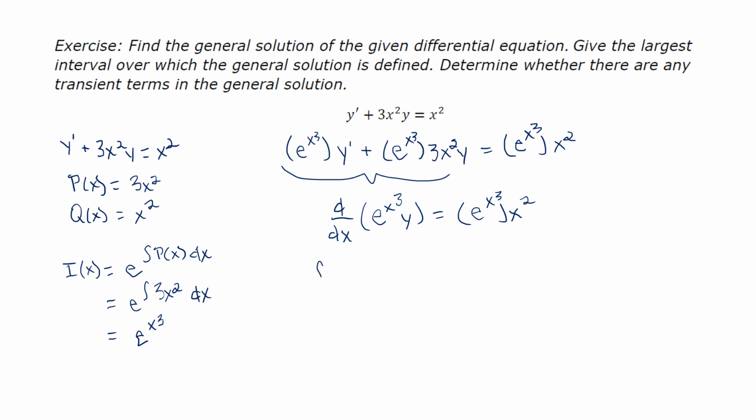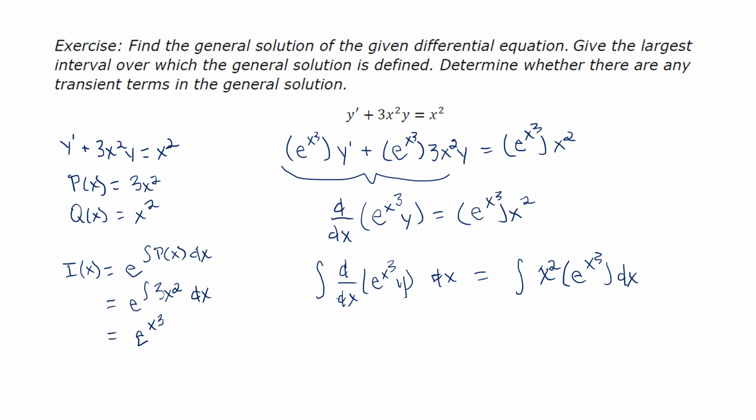Okay. Now we can integrate both sides with respect to x. So we'll take the integral of d of e to the x cubed y over dx, equals, I forgot to write my dx, with respect to x. And we take the integral of x squared, let's rearrange that, e to the x cubed dx.